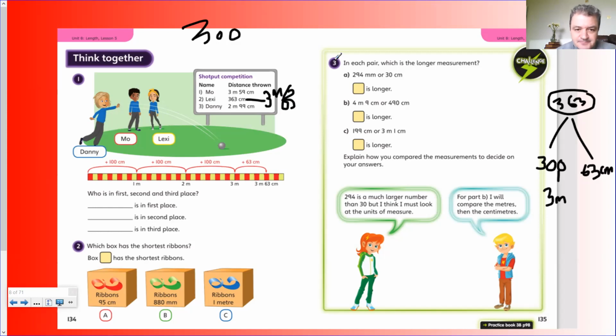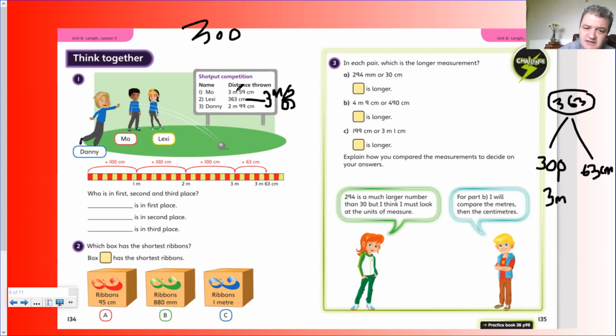Okay, so who is in first place? So here we've got the throw of 3 meters 63. That is the furthest, isn't it? It's going to be the furthest. So therefore, Lexi is in first place.